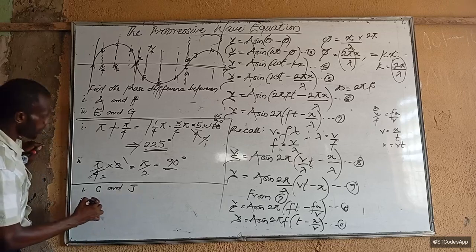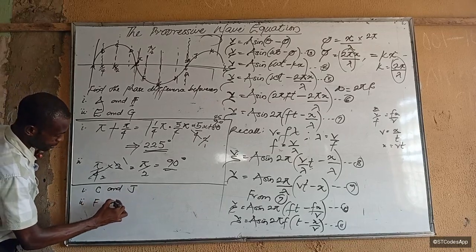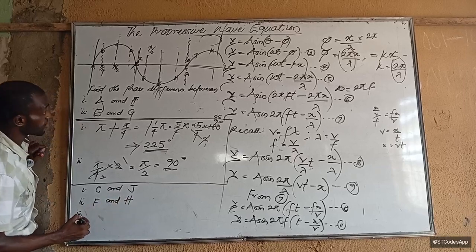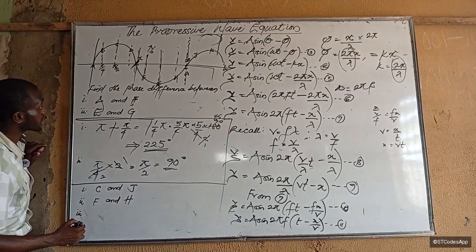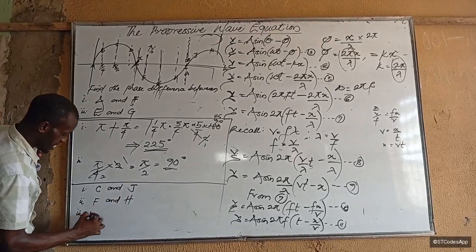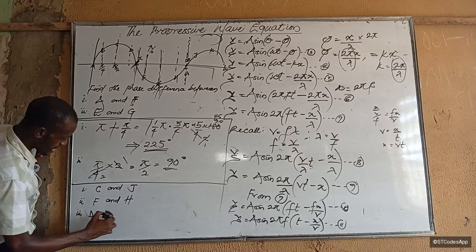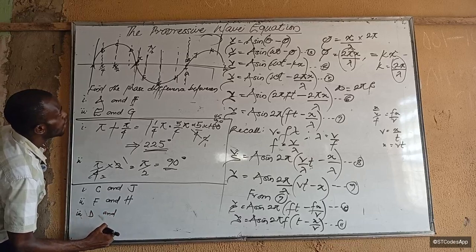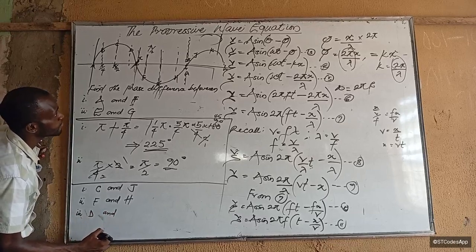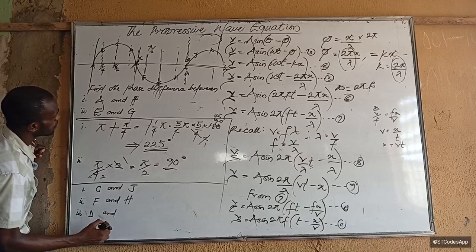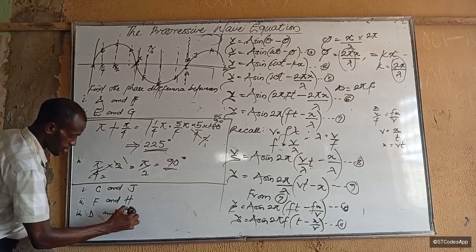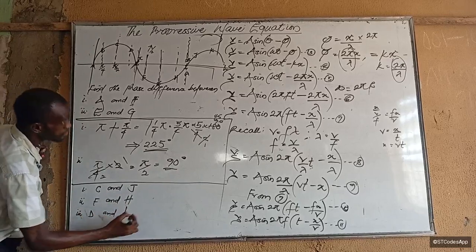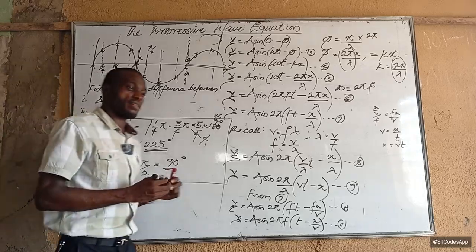Find the phase difference between points F and H. Then 3. Find the phase difference between points D and H. Then point D and L, okay?